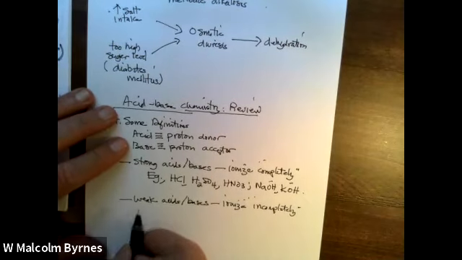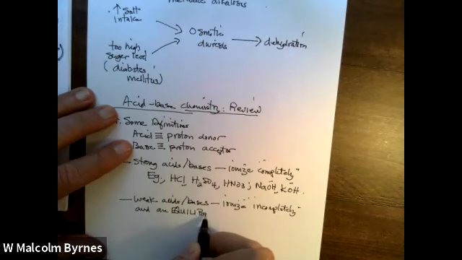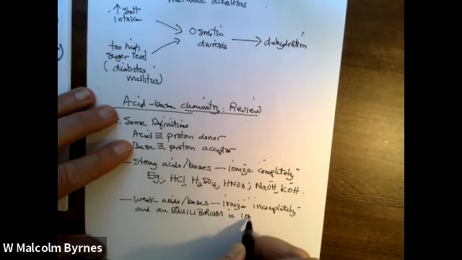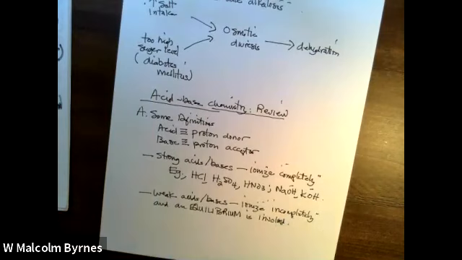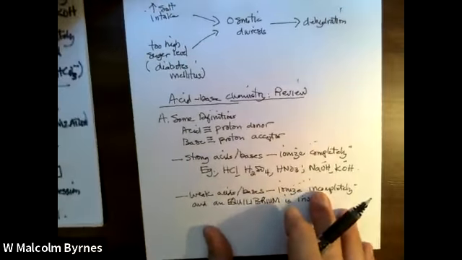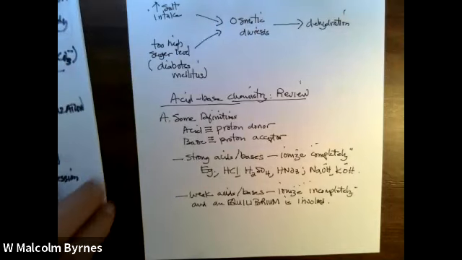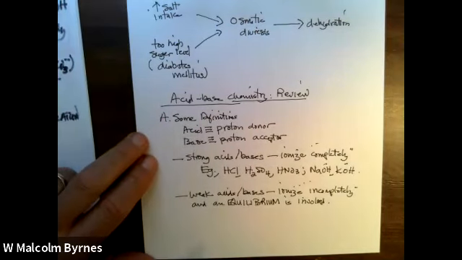And equilibrium is involved. An equilibrium. So with strong acids and bases, the equilibrium lies so far to the right that we don't even need to bother talking about them. But for weak, we need to talk about equilibrium. And we'll get to that soon.